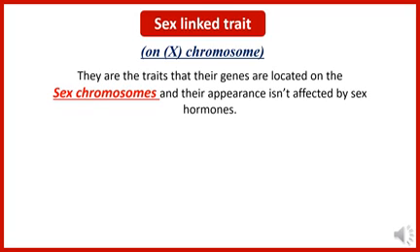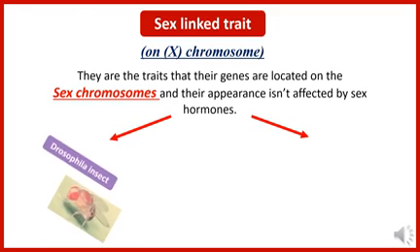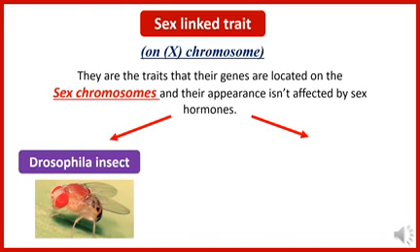They are traits whose genes are located on the sex chromosomes and whose appearance is not affected by the sex hormones. We are going to take two examples of sex-linked traits. The first one is the Drosophila insect and the second one is in humans. In humans, we are going to take 4 examples.